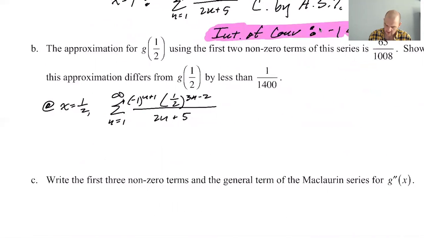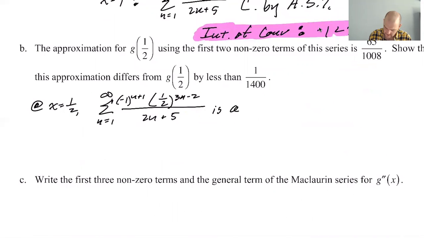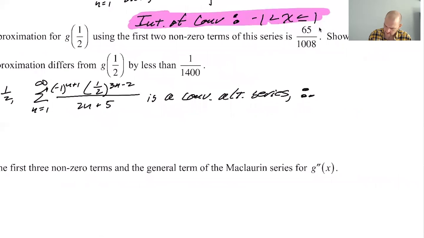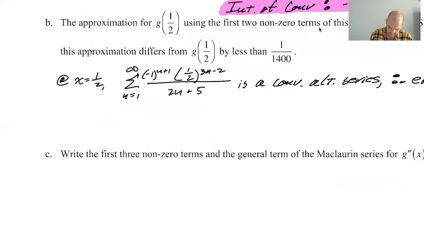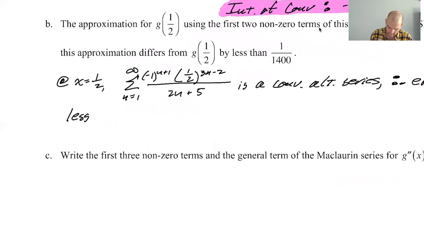Yeah. Whew. Is a convergent alternating series. Therefore, the error is less than the magnitude of the first term left off.